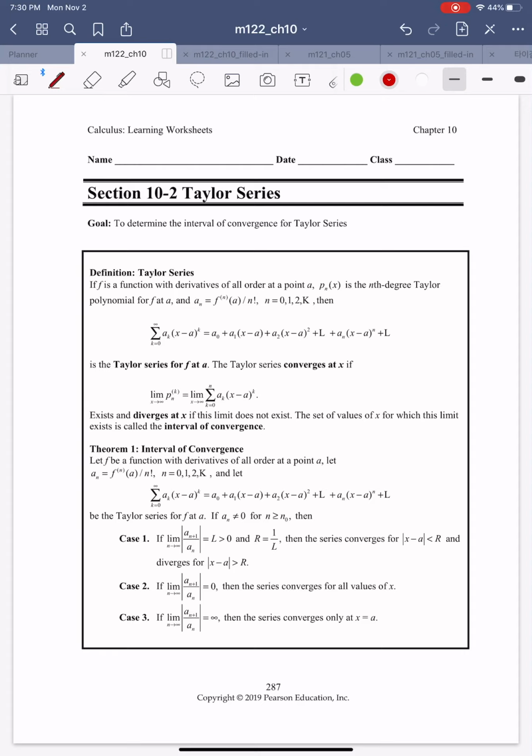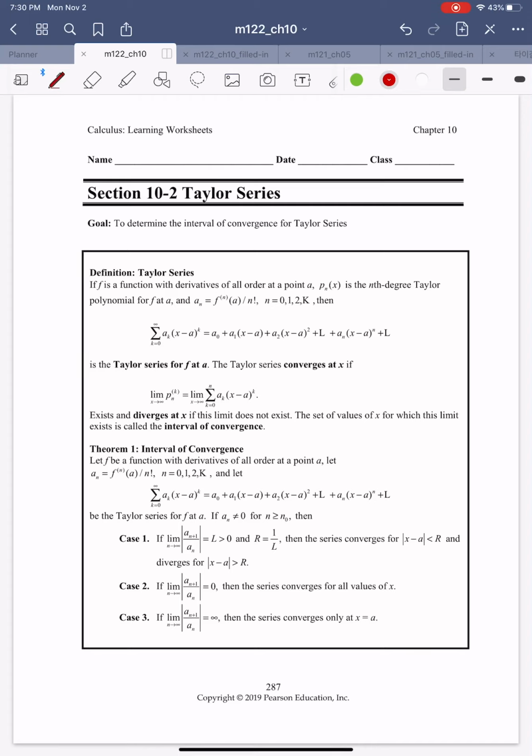Recall back in Math 121 when we had a limit, and some limits converged and some diverged. So a certain polynomial converges in a certain interval, and then diverges once you pass that interval. We are going to use the Taylor series to see where it converges.